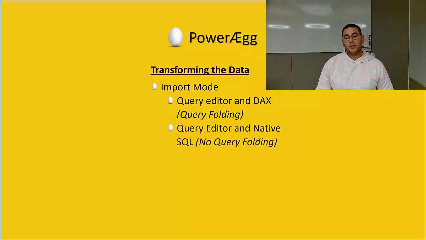And then we have the scenario of using the query editor together with some native SQL code, where there's no query folding because we're using native SQL. And we will see how we try to enforce query folding using some SQL and using some M query. But it will not work, and we will see why.